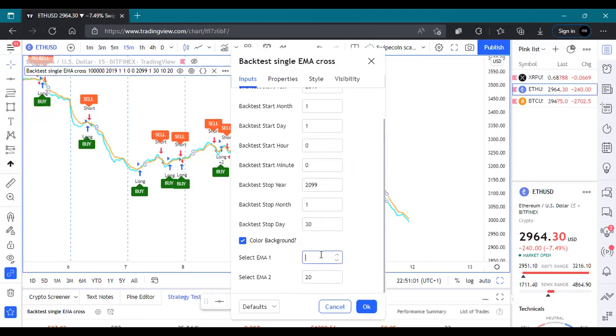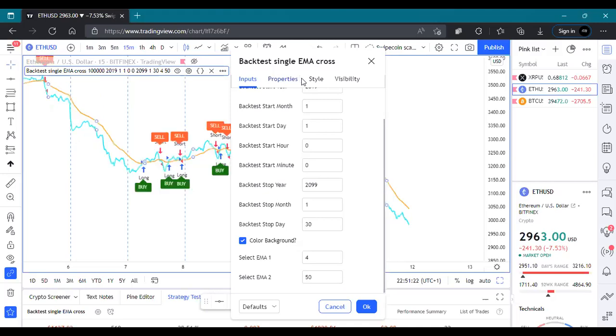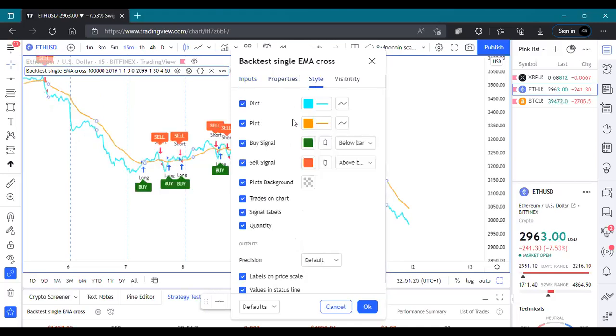Remember, formerly we were using EMA 4 or MA4. EMA and MA, there's not much difference, simple moving average, exponential moving average. The deviation is very, very small, so you wouldn't even notice it. So set the first one to 4 and the second one, so that is all we are doing. Then the style, right?